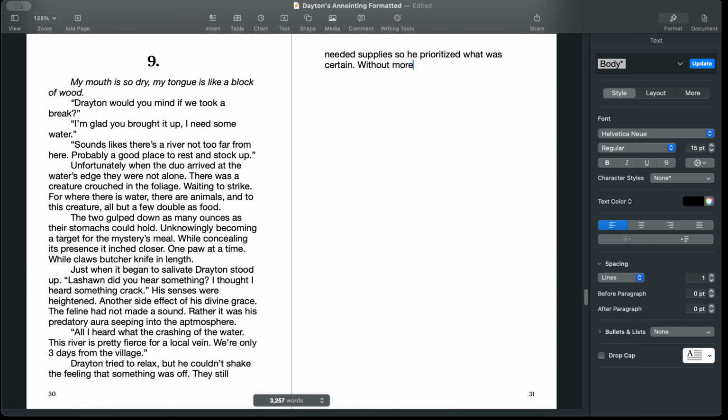Without more sustenance, they were screwed.